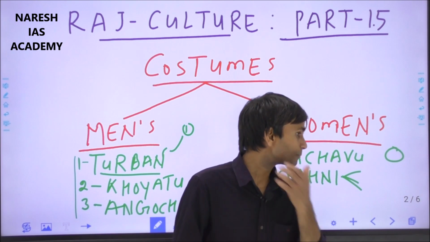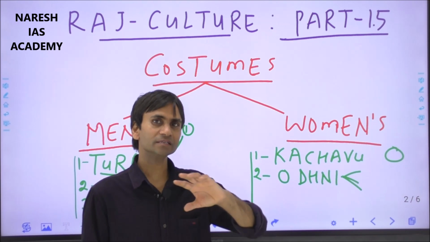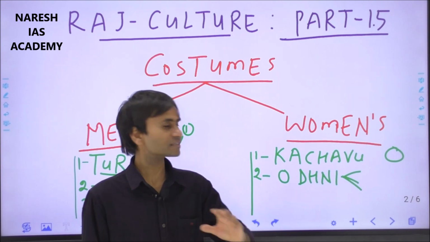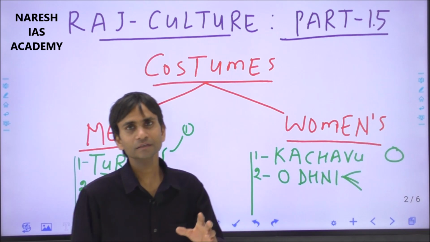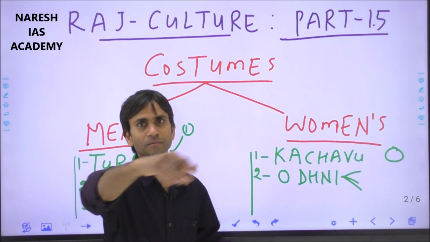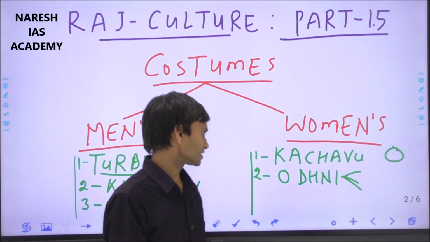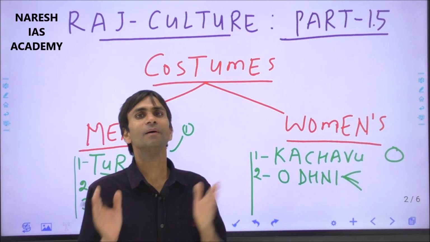The second type of odhni is the lehriya odhni. The color combination is just like the odhni of jwar bhat, but this has the lehriya pattern, in which wavy patterns are generally preferred. Next is the odhni of tara bhat.